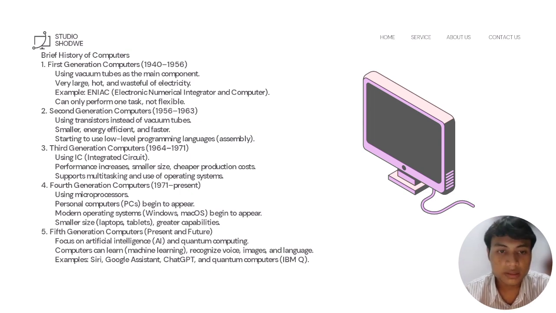Second generation computers used transistors instead of vacuum tubes, smaller, energy efficient and faster, starting to use low-level programming language or assembly.